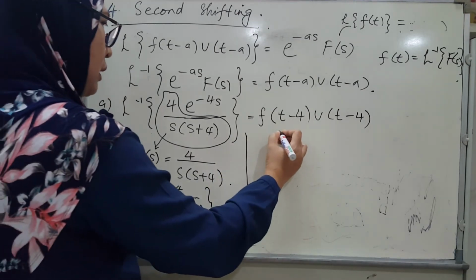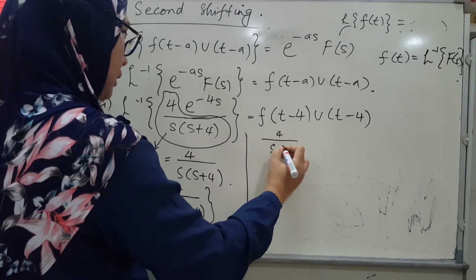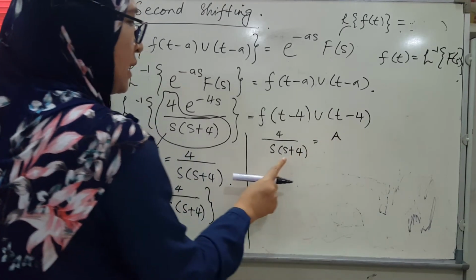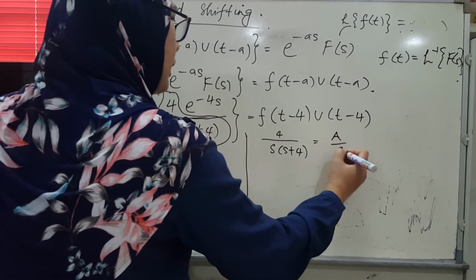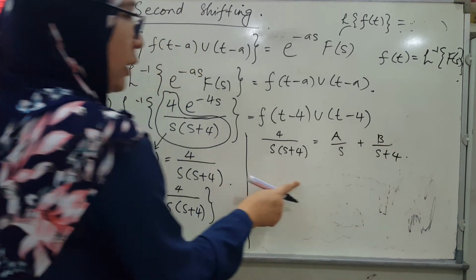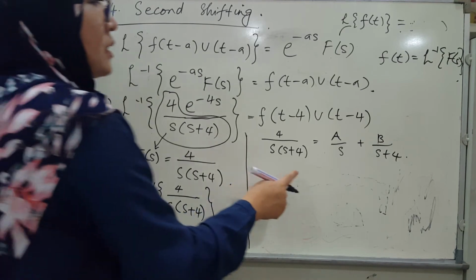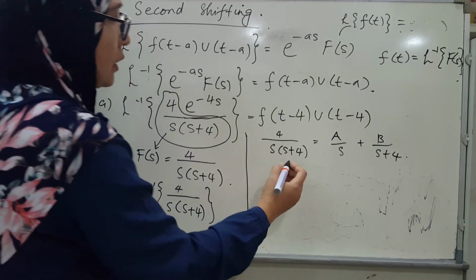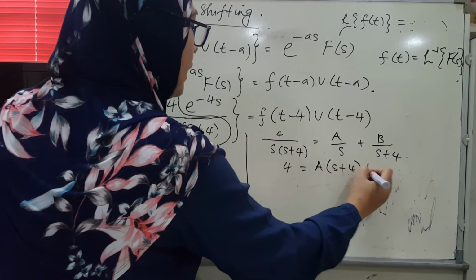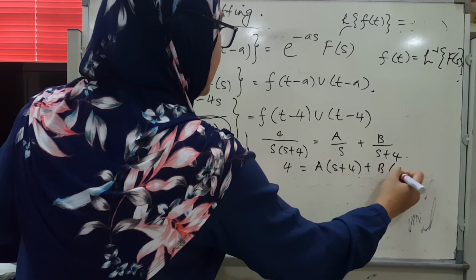So now we take the function 4 over s(s plus 4) into partial fractions. This is a linear factor. So A over s plus B over s plus 4. We go through this quickly. Okay, so 4 equals A multiplied by (s plus 4) plus B multiplied by s, right?